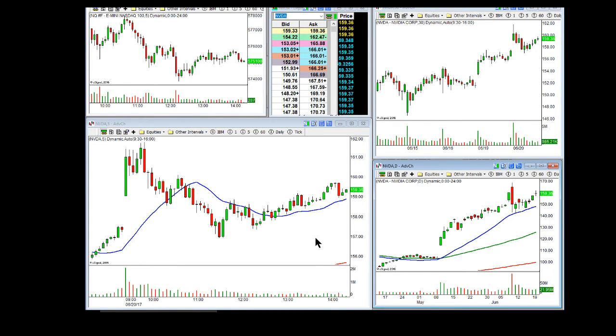So the same way we can get a retest and reversal pattern on the daily chart, we can get a retest and reversal pattern on the 5-minute chart. What I'm looking for is alignment of multiple time frames.